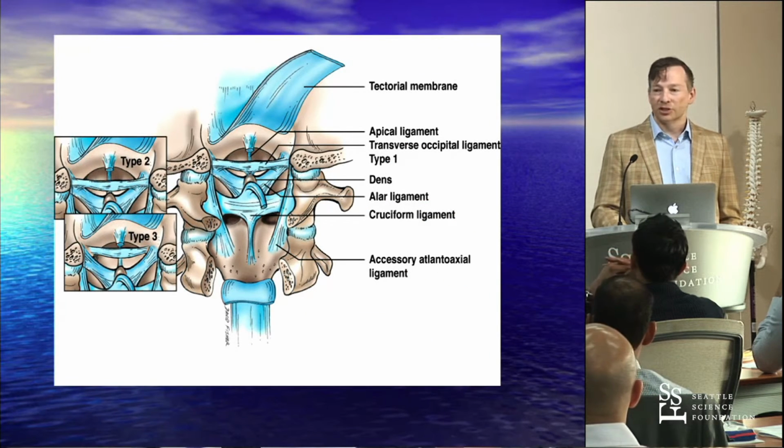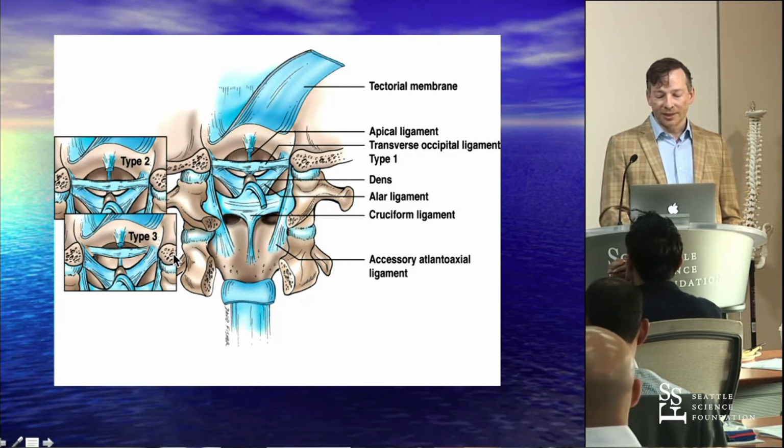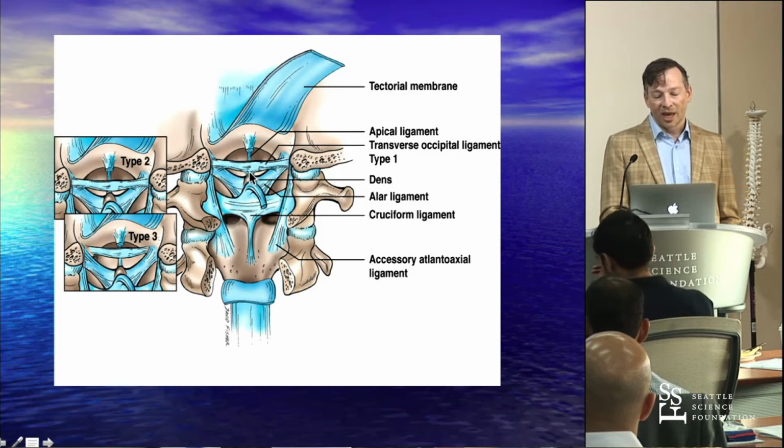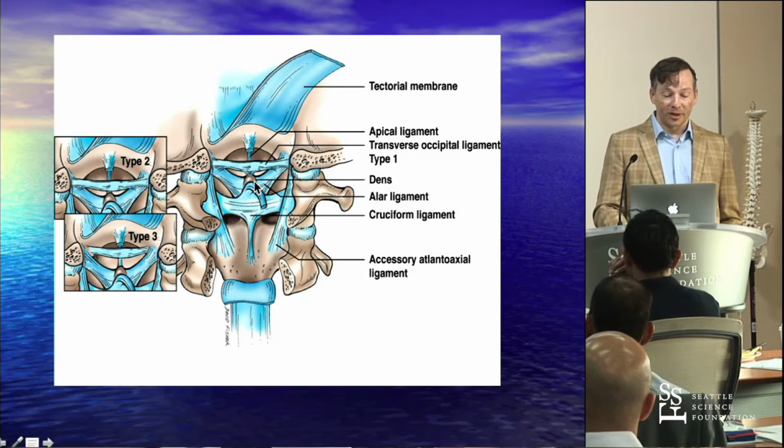Then you have these so-called accessory ligaments that are the smaller players, but they're there for a reason. Most of them you can't see on MRI, but we have transverse occipital ligaments, which we're not sure what it does. It connects each condyle on the side and may have a little tiny connection to the apex of the dens. Again, it's there for a reason, but we're not smart enough yet to know what it does.